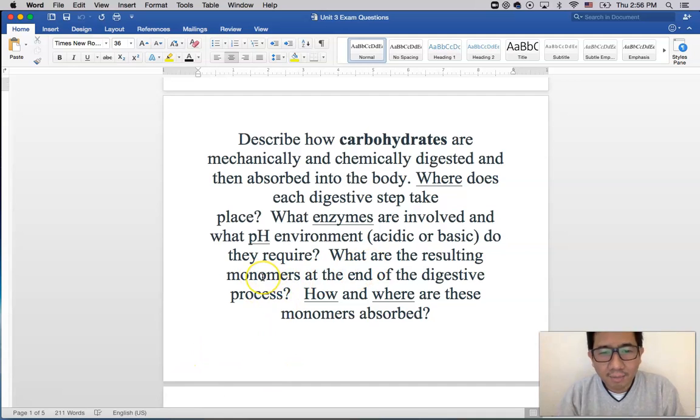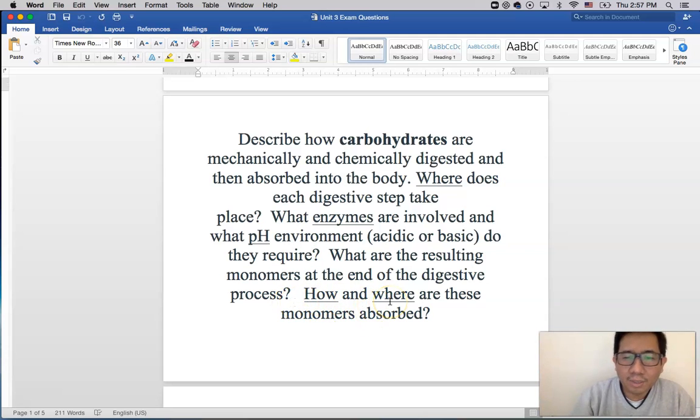The resulting monomer at the end was the smallest molecule of sugar. The answer is one single unit of sugar is called glucose. So the smallest particle of sugar is glucose.